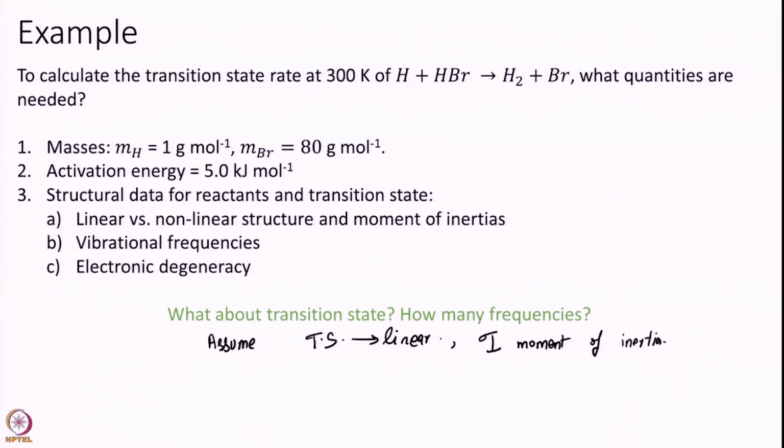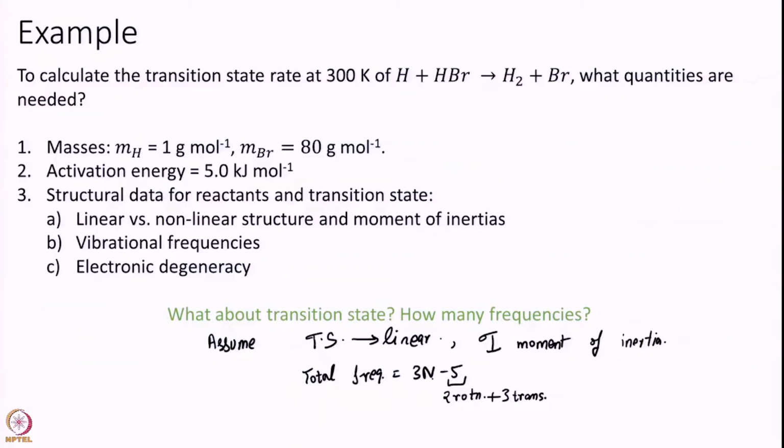Okay. So, let us discuss. It is linear. So, the total number of frequencies is 3n minus 5. Why 5? 2 rotations for a linear molecule and 3 translations. A linear molecule can rotate in 2 ways, like this or like this, and it can translate in all 3 directions.